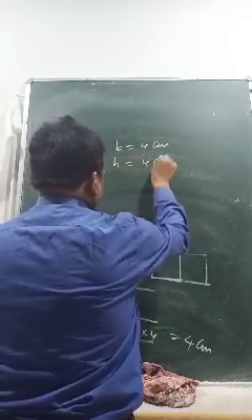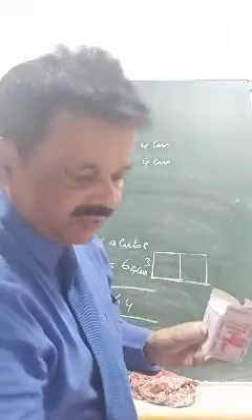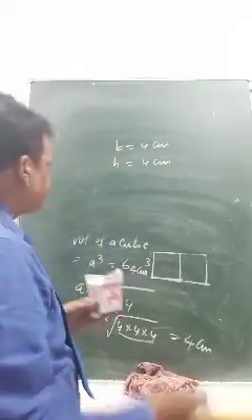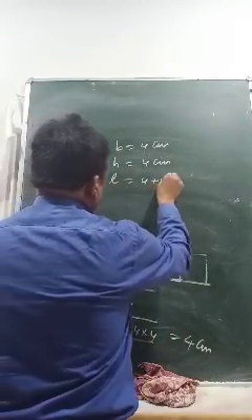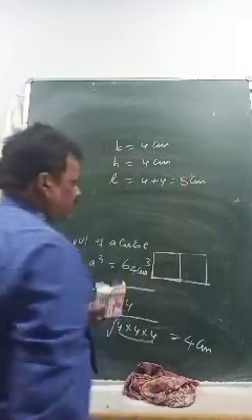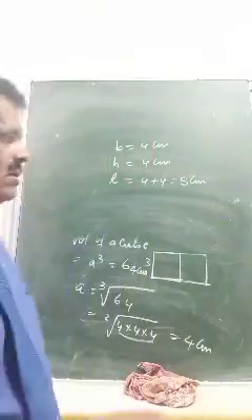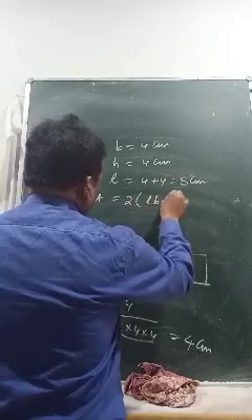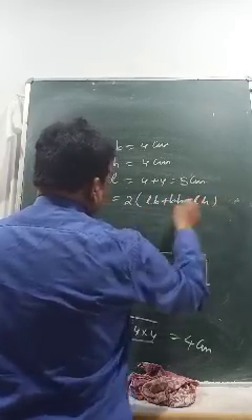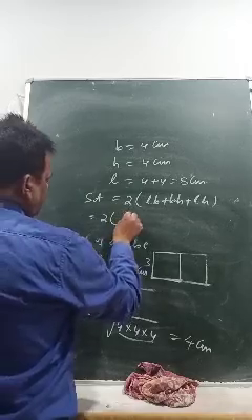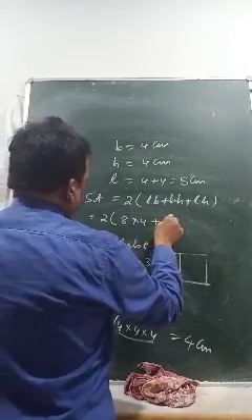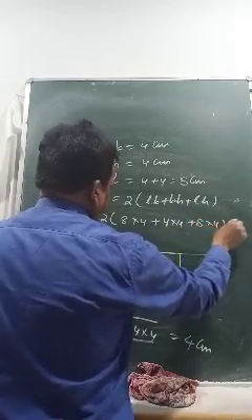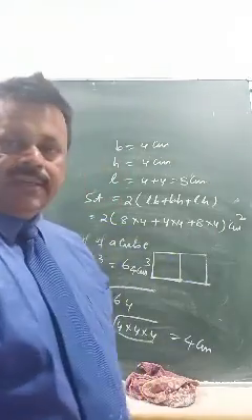Height became also 4 centimeter. But when you join these two, the length becomes 4 plus 4, 8 centimeter. So that means this became a cuboid. So surface area formula: 2(LB + BH + LH). 2 times 8 into 4, B is 4 into 4, LH 8 into 4 centimeter square area.